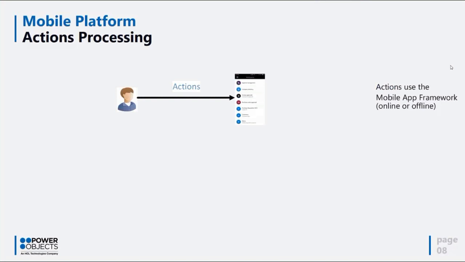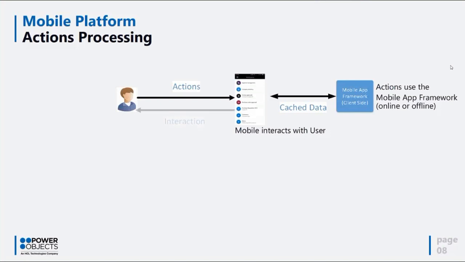So when I'm in my workspace, I choose to perform an action. Let's say add the customer. So if I'm online, it's going to try to sync up with the mobile app framework, or offline, it will still do the same and cache that information. Okay. And then it pulls that information back, and I can interact with it at that point.